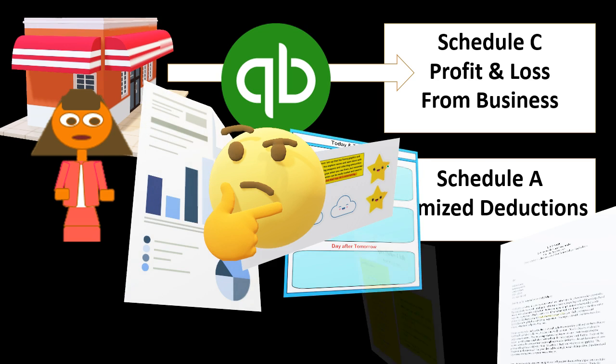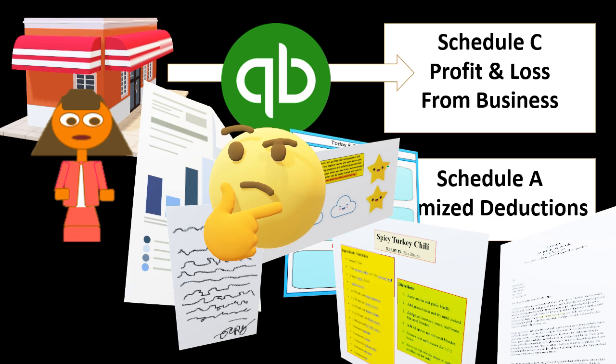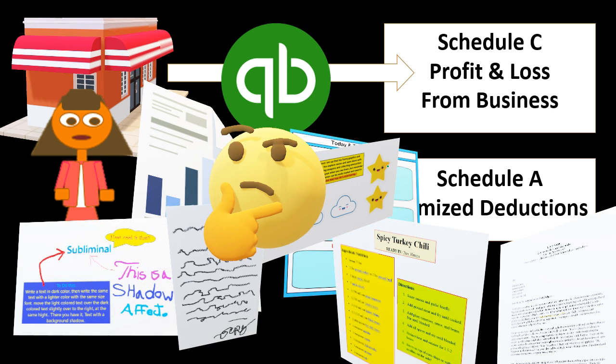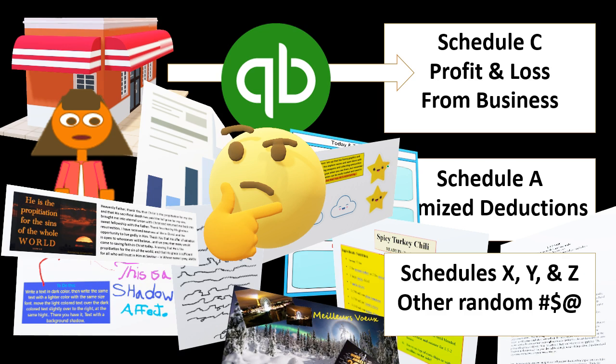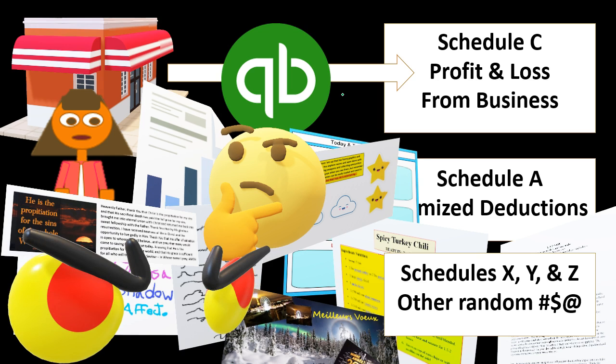And as we get all this documentation, it doesn't look as organized as we might think. We're kind of putting this stuff together as best we can. Right when we think we're okay with that, then we have these other schedules, possibly Schedule X, Y, and Z, other random stuff that we need to put together for the tax return that isn't necessarily business related and therefore isn't in a nice tidy method for tracking within the QuickBooks system. And that, of course, can be frustrating.